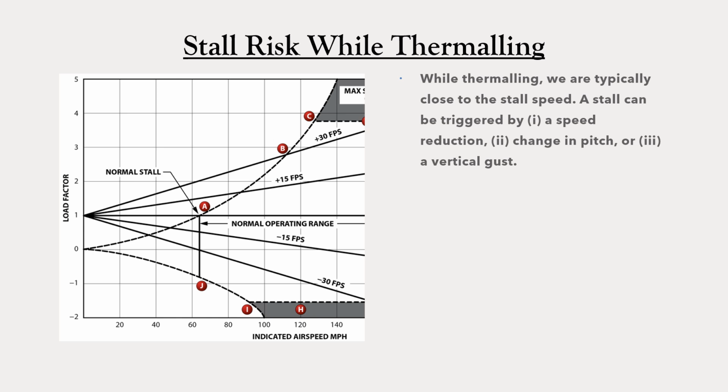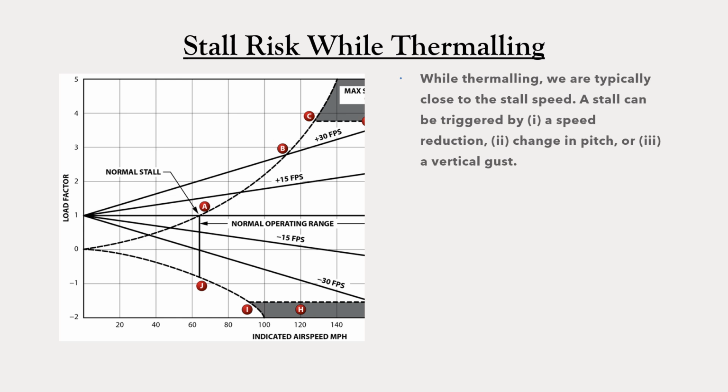So this has indicated speed on the x-axis and load factor on the y-axis. When we're thermaling, we're in this low part of the curve at a little bit more than 1 for a load factor. And our margin over the stall speed is smaller than it is in most other times of flight, which increases the chance of having an inadvertent stall.